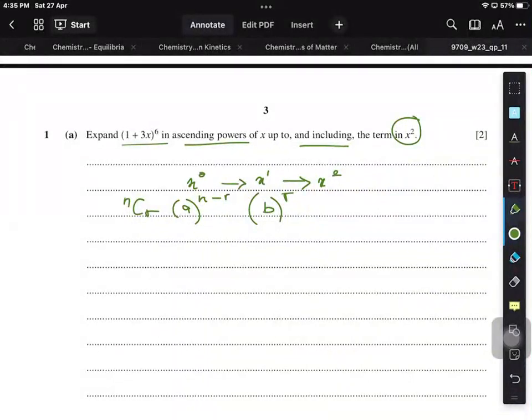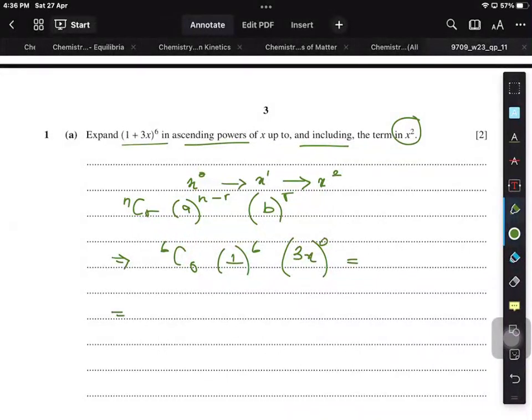So let's start with the situation where the power of x is 0. n in this case is 6, so 6C0. a is 1 here, so 1 to the power of n minus r, so 6 minus 0, which is 6, and then (3x) to the power of r, where r here is 0. That is how you calculate the coefficient for x to the power of 0.